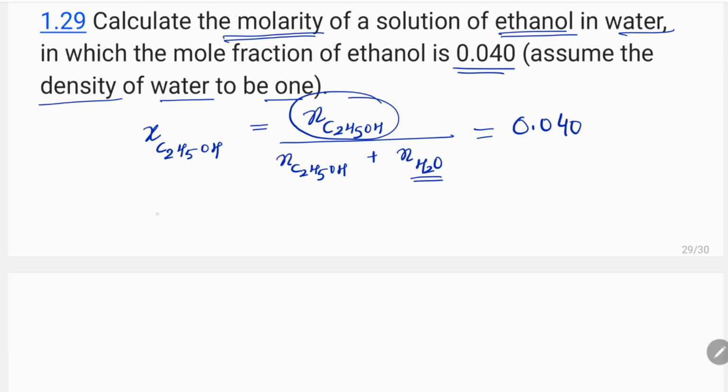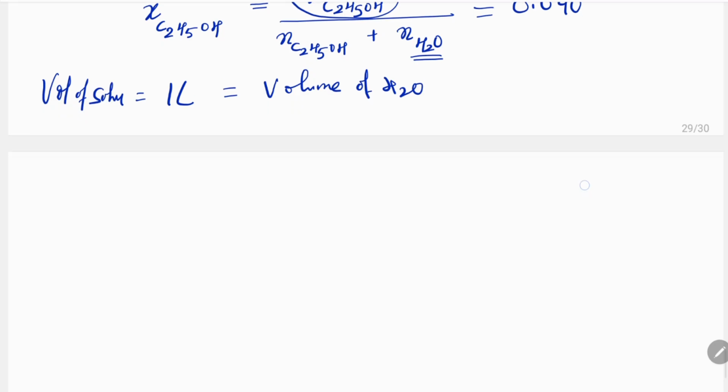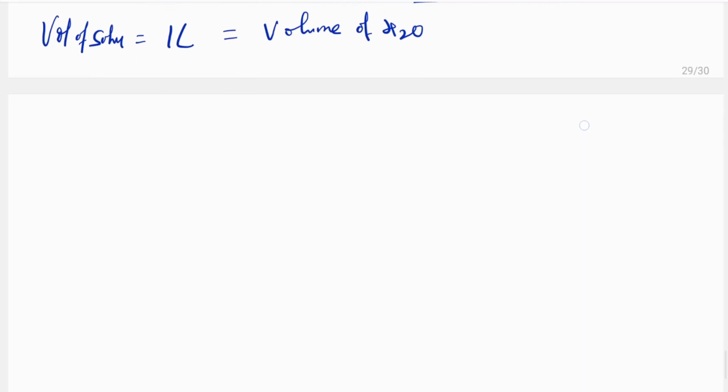And in case of molarity, we take the volume of solution as 1 liter. Okay, so this is the volume of solution, and it is going to be equal to the volume of water. It means ethanol is present over there, but it is present very little.